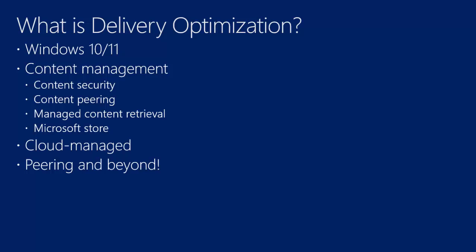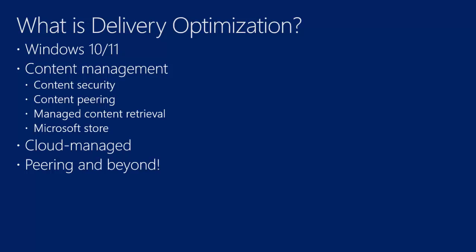In terms of the Microsoft Store, though, delivery optimization is totally, completely compatible with the new Microsoft Store that's coming out soon. As of this recording, it hasn't yet released. We just talked about it at Microsoft Ignite, and it's coming soon, and we will fully support that store with delivery optimization whenever it arrives.